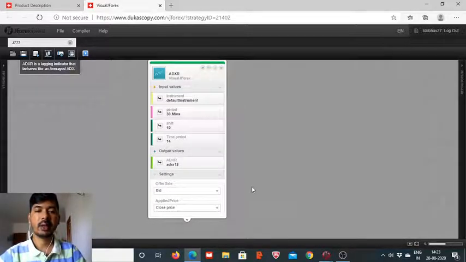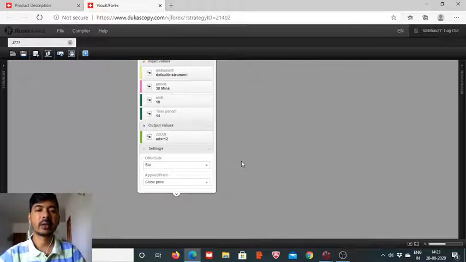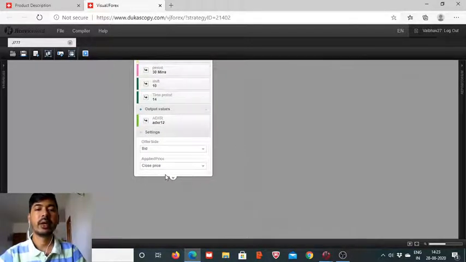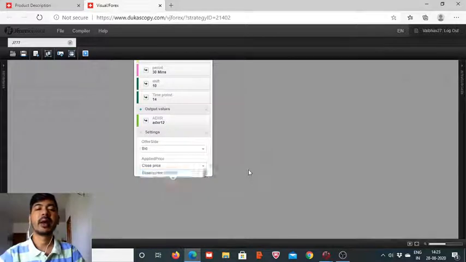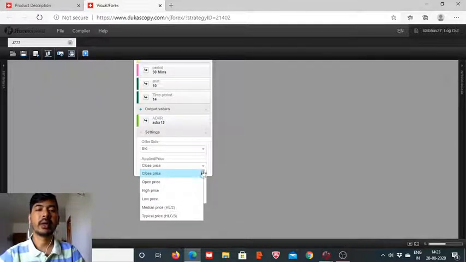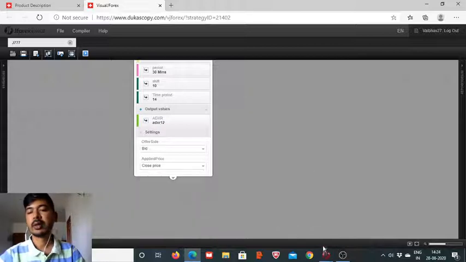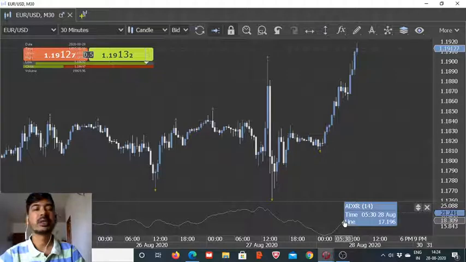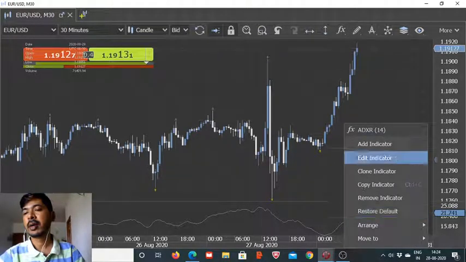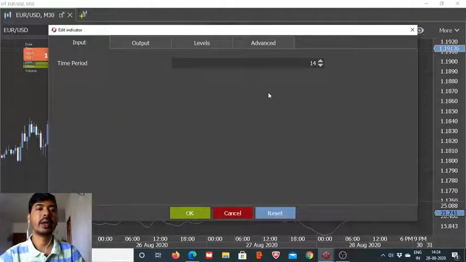Applied price can be on the bid side or on the ask side, and also it can be any of these choices given to you on how you want to calculate the ADXR. If you want to use the closing price, you can do that. You can use open price, high price, low price, median price, typical price, and all these options. And you will see slight changes in the output depending on which applied price you are taking for the calculation of the ADXR.